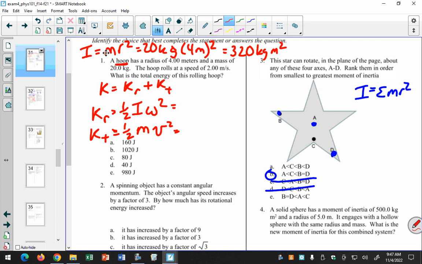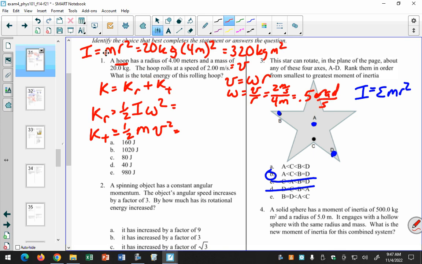Then I don't know omega, but I know the velocity, and I know that the velocity is equal to omega times r. So omega then is equal to v divided by r. V is 2 meters per second divided by r, which is 4 meters, so that's 0.5 radians per second. So now I have everything that I need.